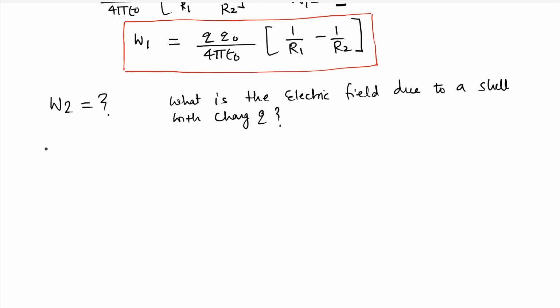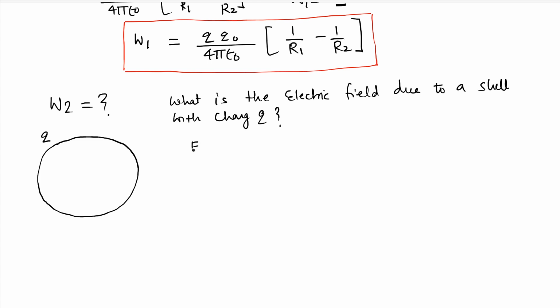Okay, in my previous lecture, I have covered this for a large sheet and also a conductor. But let's understand how to compute the electric field due to a shell containing charge. Okay, so let's say the charge is Q. What is the electric field outside a conductor?